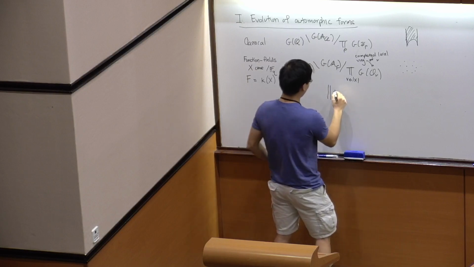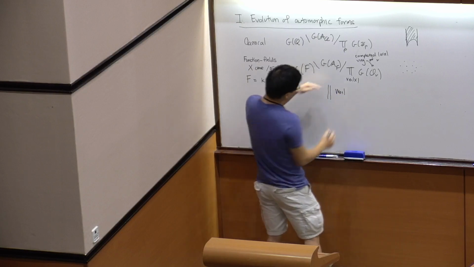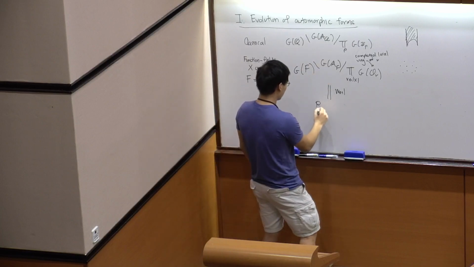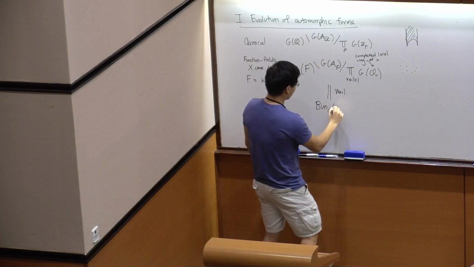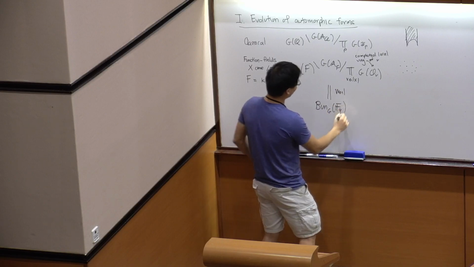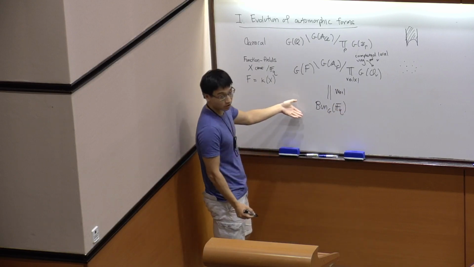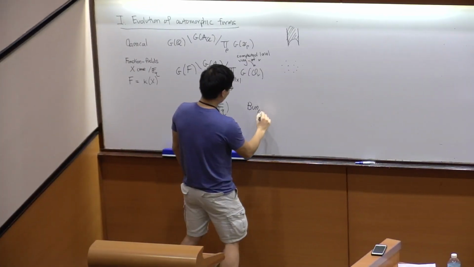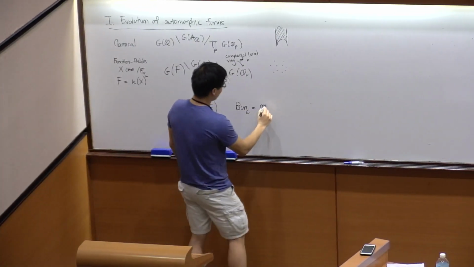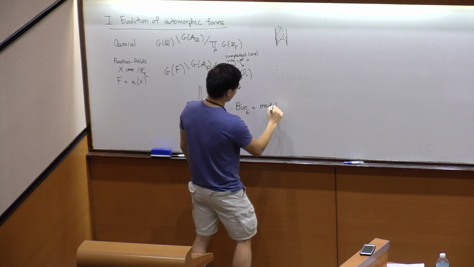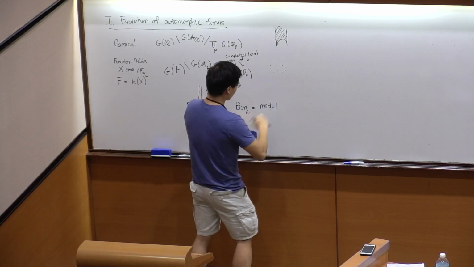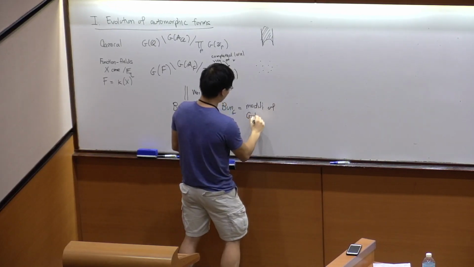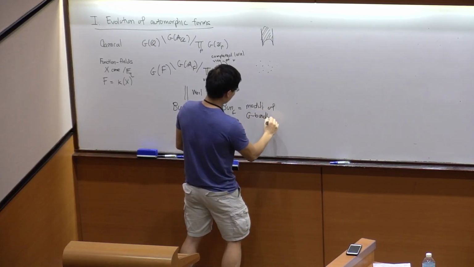So Feng observed that I can view this set, or maybe I should really say groupoid, of rational points on an interesting geometric object, which is Bun_G. And so this Bun_G is the moduli stack of G-bundles over my curve.